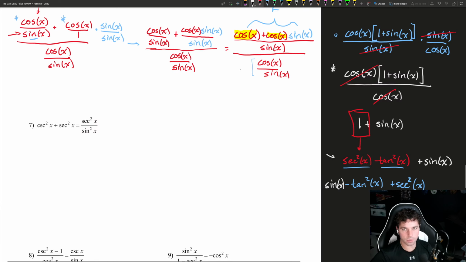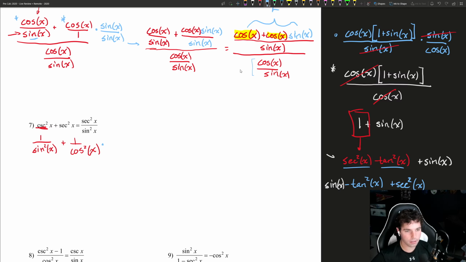All right, 1 over cosecant squared, that's the same as 1 over sine squared. Secant squared is 1 over cosine squared. And that's all we've done so far. Again, we have to add these two things together. So in order to do that, we got to get a common denominator.